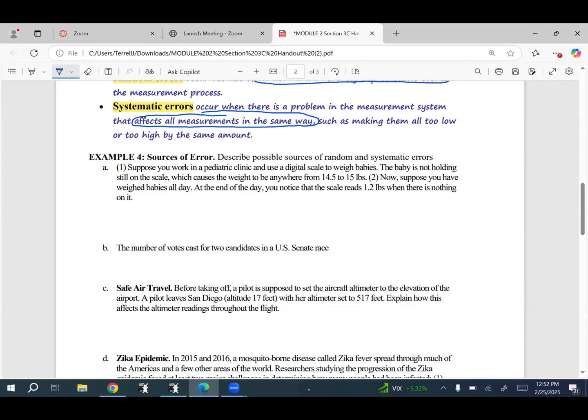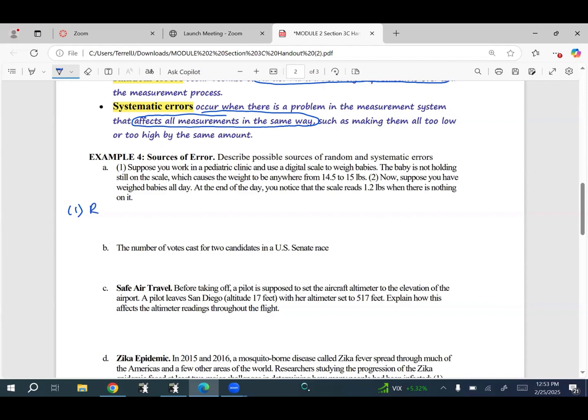And so here I would say, because the baby is shaking on the scale, not holding still, it doesn't say that this is happening to all the measurements, meaning all the weights in the same way, right? It's just random if the baby is not holding still. So this would be considered a random error.